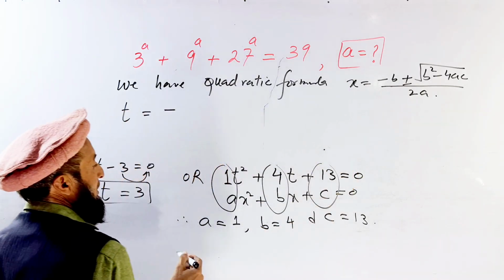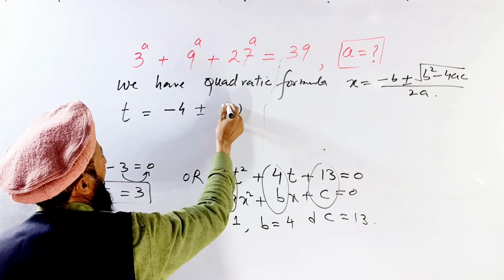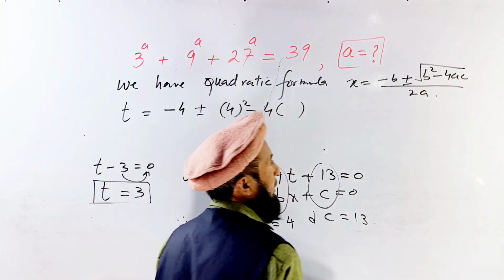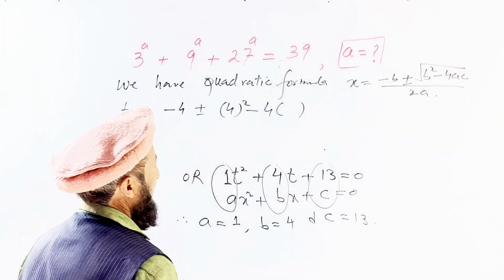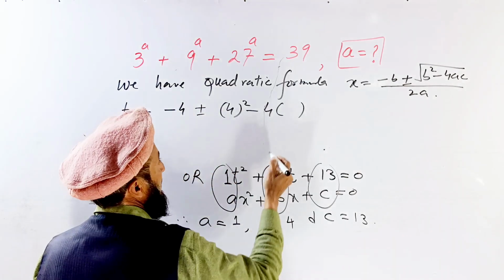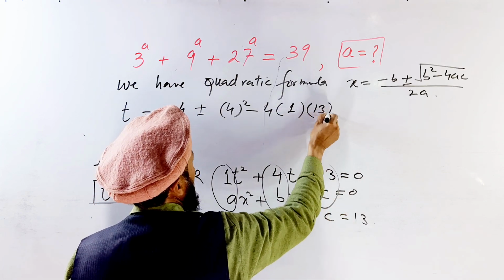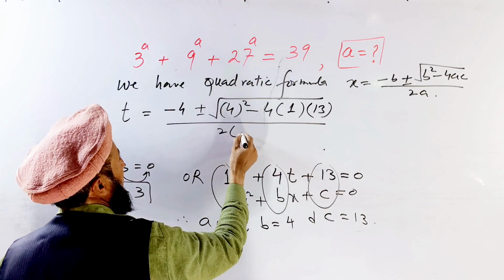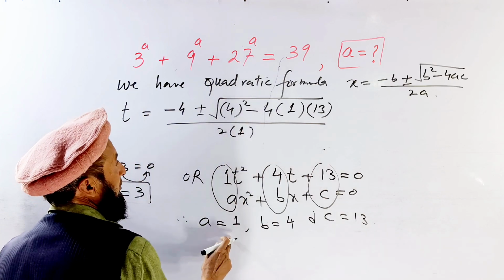The value of b is 4, so minus 4 plus minus 4 square minus 4ac. This is the discriminant value D. D is equal to b square minus 4ac. This is called the discriminant. Here a is equal to 1 and c is equal to 13, divided by 2a, and 2a is equal to 2.